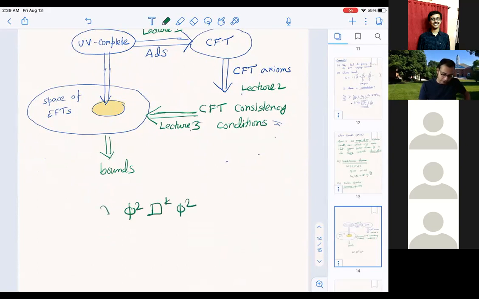Any such interaction. Other than that, there is no additional condition that I'm going to impose.